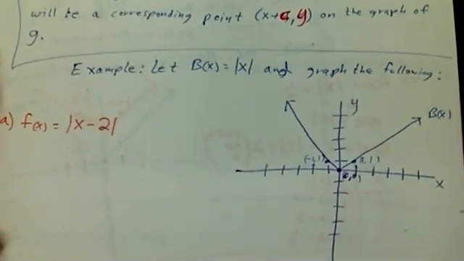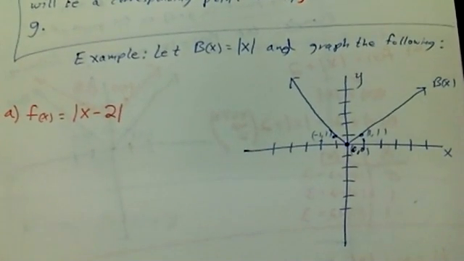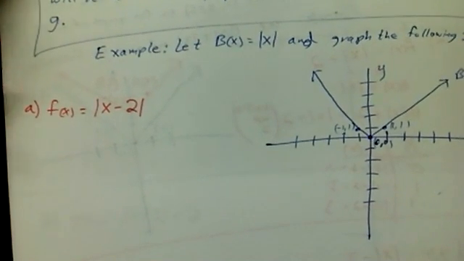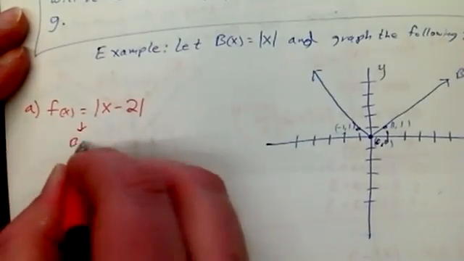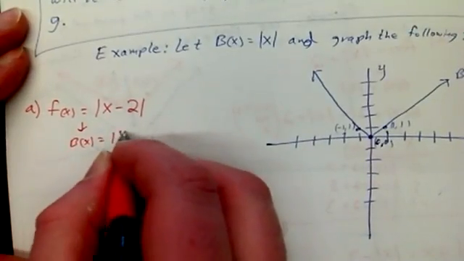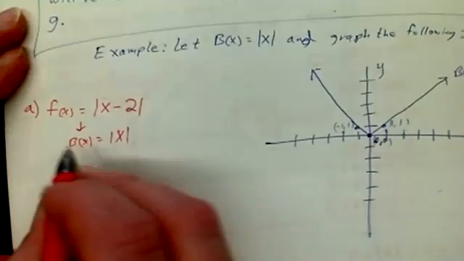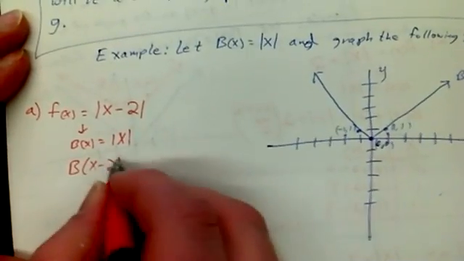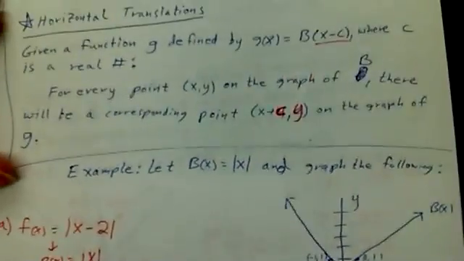So let's use our absolute value function again as our base function. I'll track those same 3 points. f of x equals absolute value of x minus 2. So if my base function is absolute value x, then to get this, I need b of x minus 2. Notice this is happening inside of the function, just like up here.